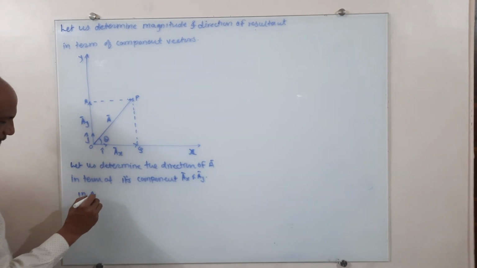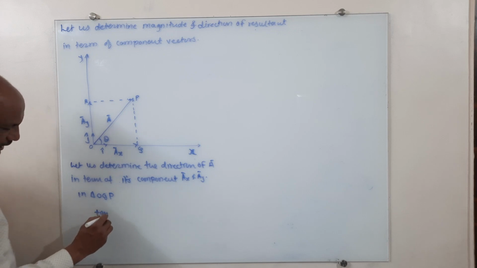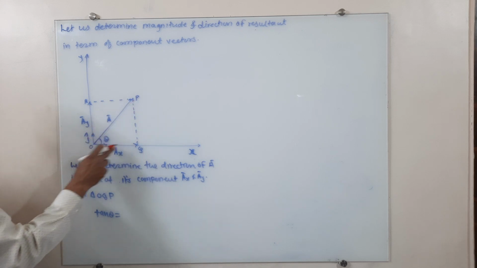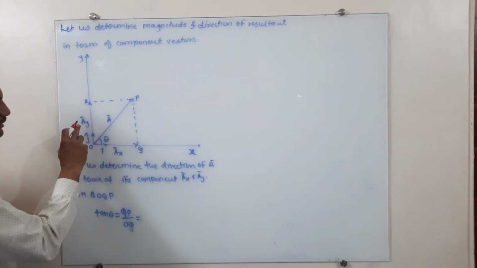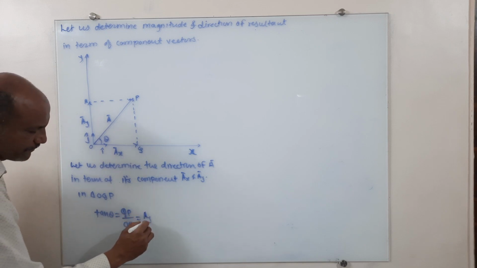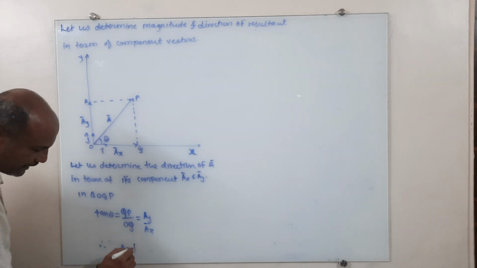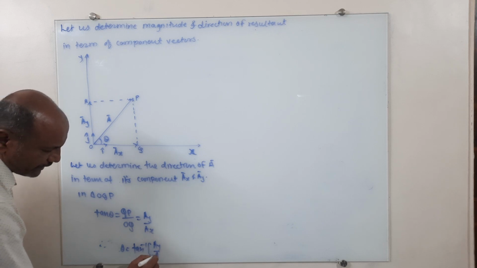In triangle OQP, tan theta is equal to QP upon OQ. QP upon OQ is equal to AY upon AX. And therefore, theta is equal to tan inverse AY upon AX.